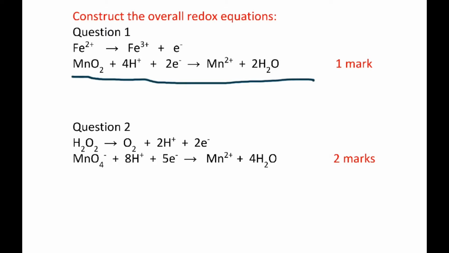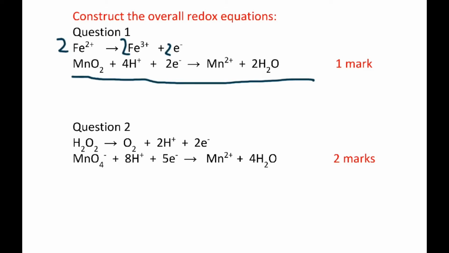So can you see that there's 1 electron in the top half equation and 2 electrons in the bottom equation? So we're going to times everything on the top by 2, and then we're going to add together the two equations.